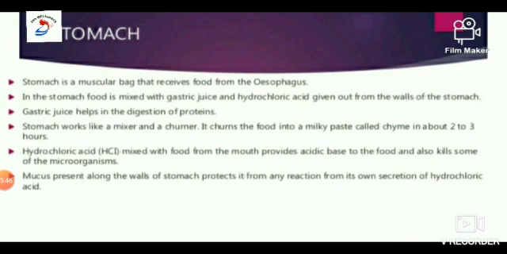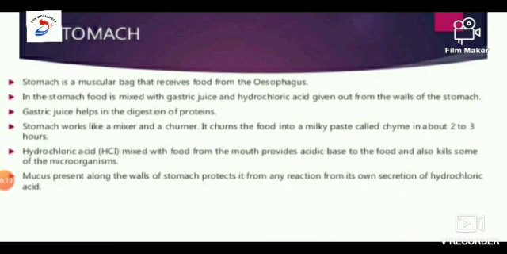Mucus, hydrochloric acid, and digestive juices or gastric juice. The mucus protects the lining of the stomach. In the stomach, food is mixed with gastric juice and hydrochloric acid given out from the walls of the stomach. Gastric juice helps in the digestion of proteins.